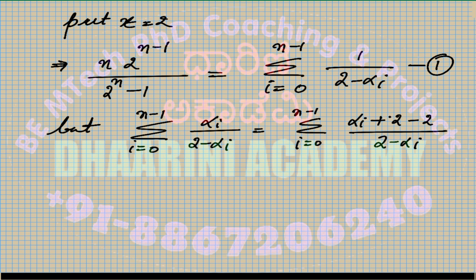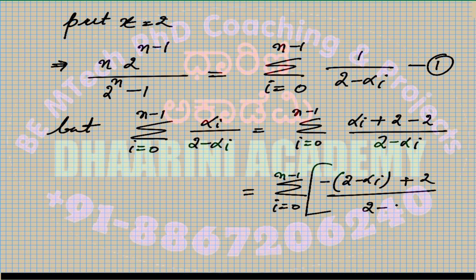Now I'll try to do it in this way. I can try to take a 2 minus alpha i already there, ಅದನ್ನು ನಾನು ಡಿವೈಡ್ ಮಾಡೋಕ್ಕೆ ಟ್ರೈ ಮಾಡ್ತೀನಿ. So I can try to write this as summation i equals 0 to n minus 1, this is minus of 2 minus alpha i plus 2, whole divided by 2 minus alpha i.